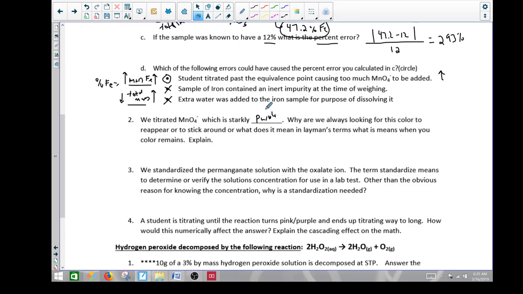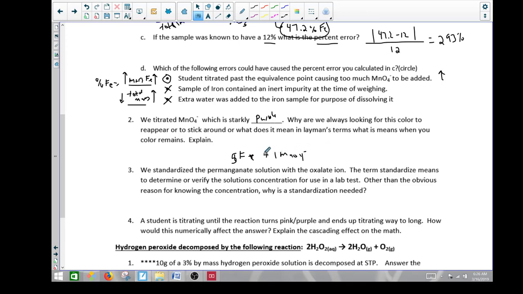Why are we always looking for color to reappear or to stick around? What does this mean in layman's terms when color remains? All right, well, in this situation, we're looking to get rid of the iron. And for every 1 iron we react with, I think it was 5 irons for every 1 MnO4 negative.